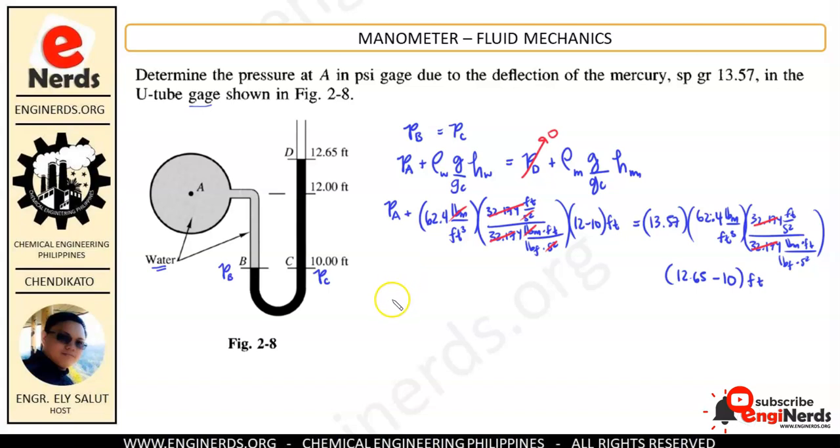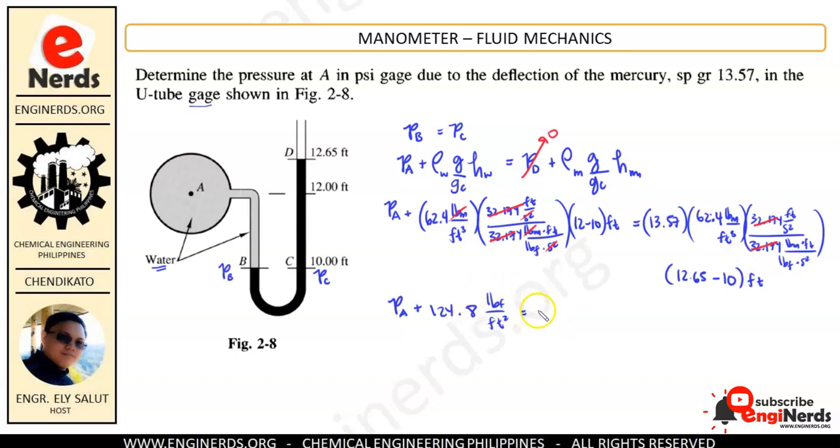Okay, so now we'll have here pressure of A plus, so 62.4 times 12 minus 10, this is equal to 124.8 pound force per feet squared. And this is equal to 13.57 times 62.4 times 12.65 minus 10.